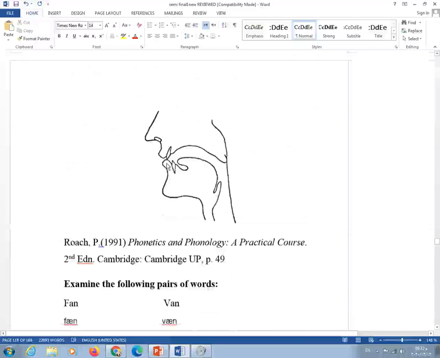They need to be very close to each other to make narrowing of the air stream and then create the friction necessary for pronouncing the fricative consonants f and v.